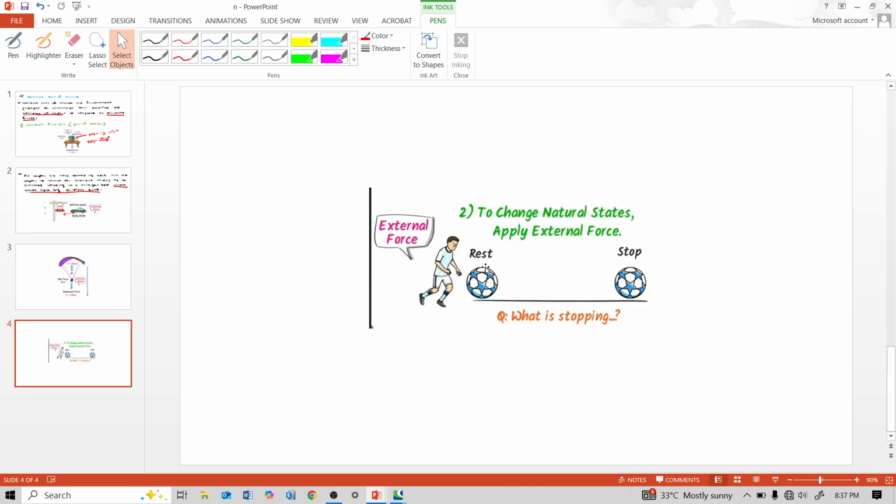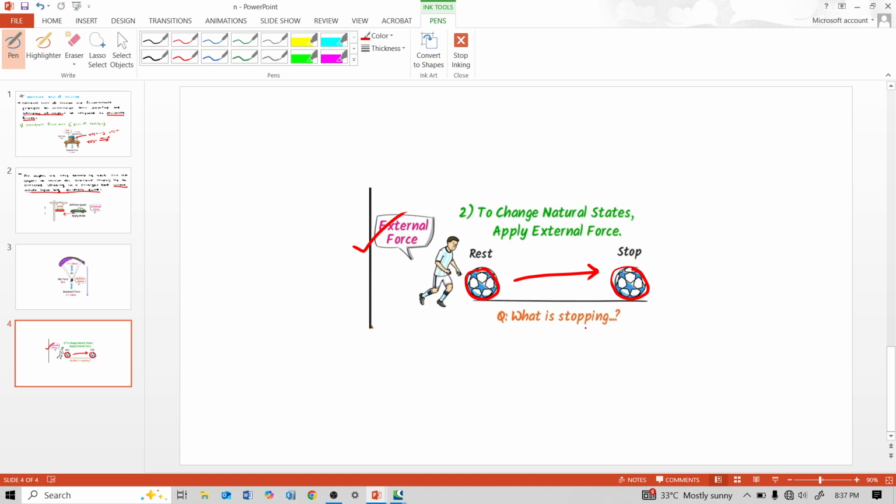Now see this figure. This is a football, and it is in a rest condition. If anyone picks it up or kicks it, then only it will move. That kick is an external force. If we apply an external force, then it will be in motion, and after some distance it will stop again.